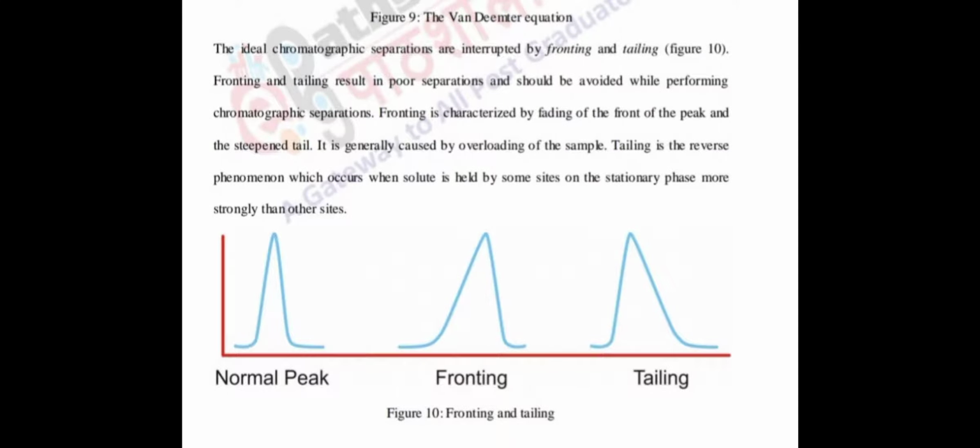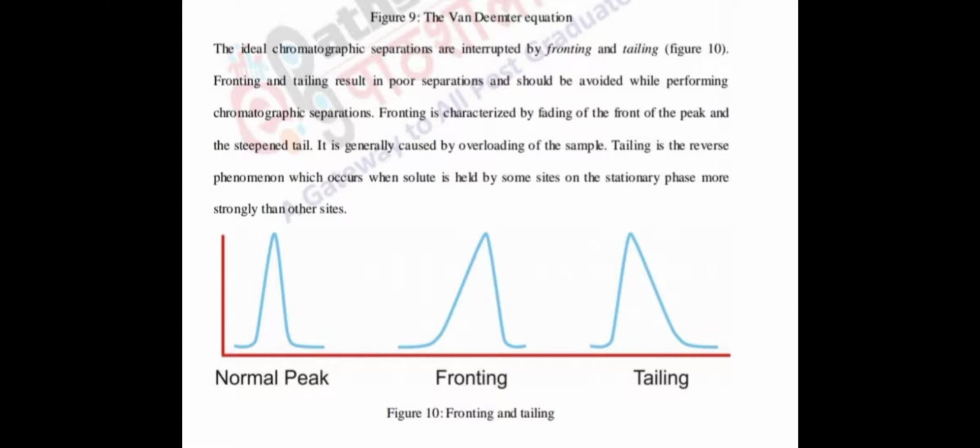Then we can see that there are three kinds of peak: the normal, straight peak, then the fronting peak, and the tailing peak. We should avoid the fronting peak as well as the tailing peak.